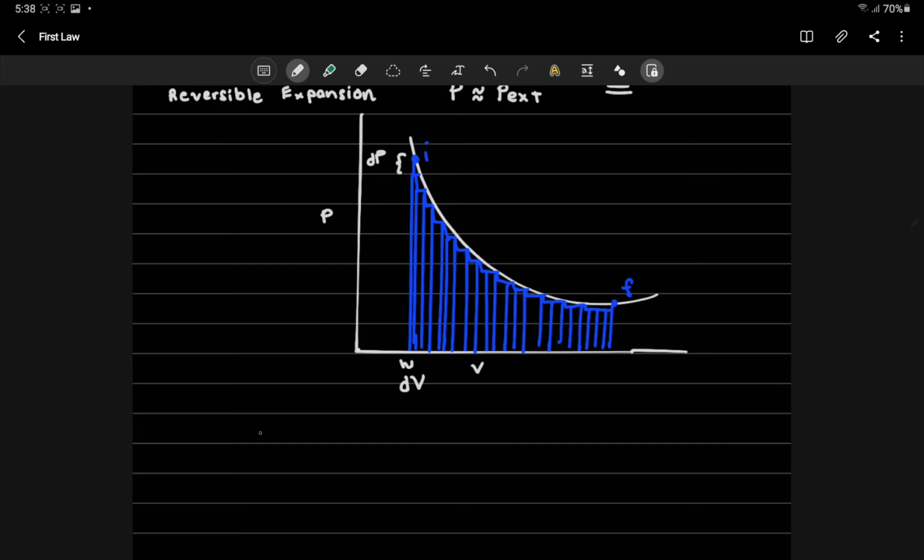So, yung work done is integral of P dV. Now, notice na meron tayong minus sign, the same as above, kasi yan yung ating sign convention. But, this is now your reversible work. Ibig sabihin, yung amount of work na na-produce because of reversible expansion is basically the area under the curve.